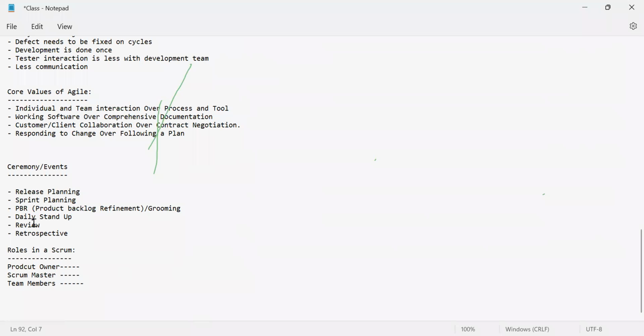And while we are discussing a particular story, we get some points to be understood or to be tracked. This will be tracked as part of that story in the form of definition of ready and definition of done. Definition of done is nothing but when do you say this functionality is all right: it should be developed, it should be tested, it should be according to the summary or the actual purpose of the story.